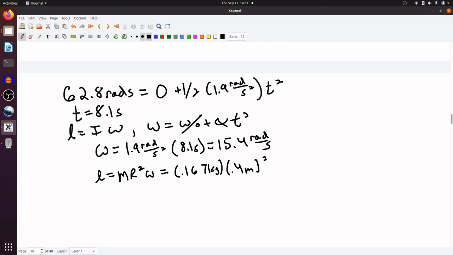Square that radius, 15.4 radians per second. Okay, do that. 0.167 times 0.4 squared times 15.4 gives me 0.41.